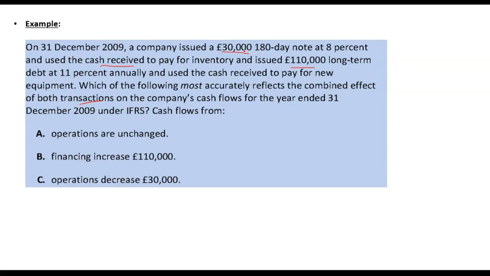So basically there are two transactions. First is a 30,000 pound 180-day note at 8%. That means the company is issuing a loan. When your company issues a loan, that is a cash inflow. So that means cash flow from financing activities will increase by 30,000. To pay for inventory means that it has bought some inventory.